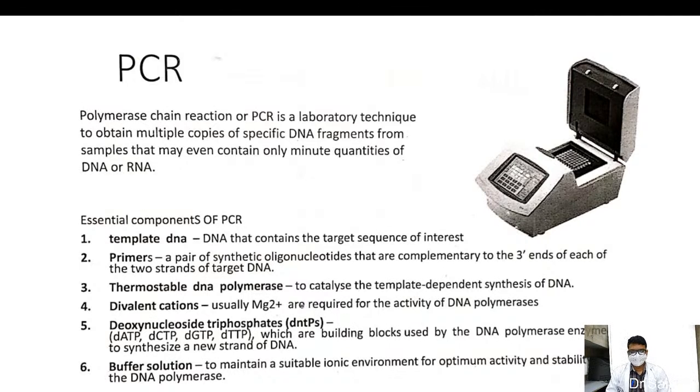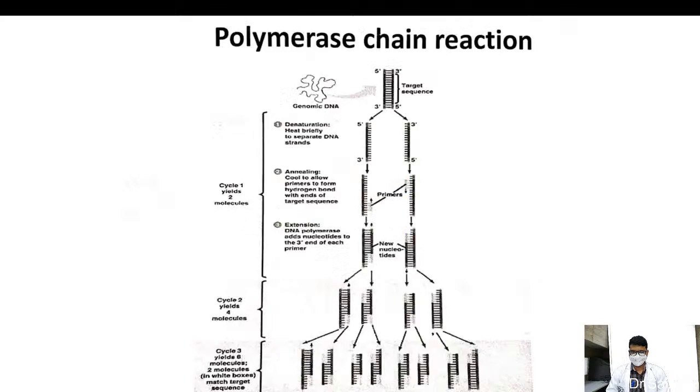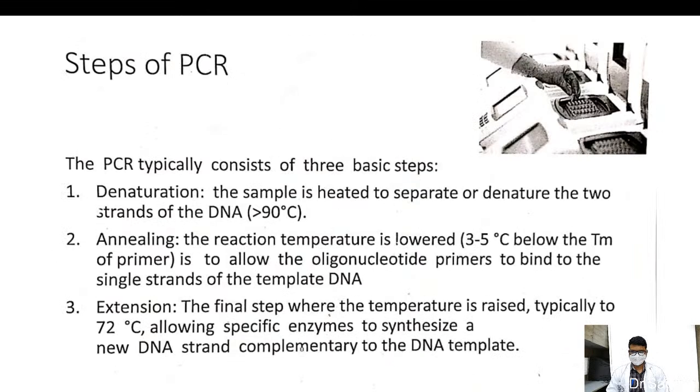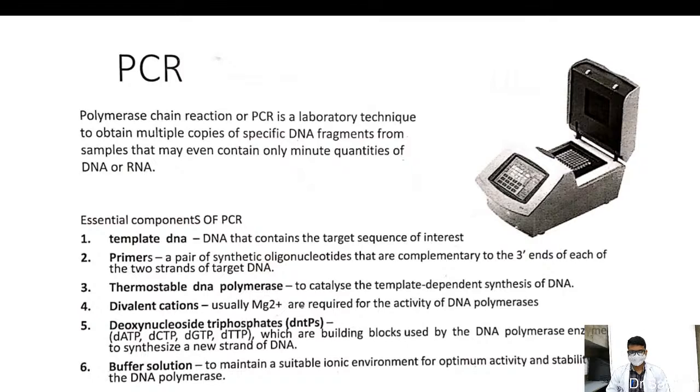Basically there are three different steps of PCR. Before that, we need to have something called master mix that has all the constituents required for the amplification of target DNA in the sample.